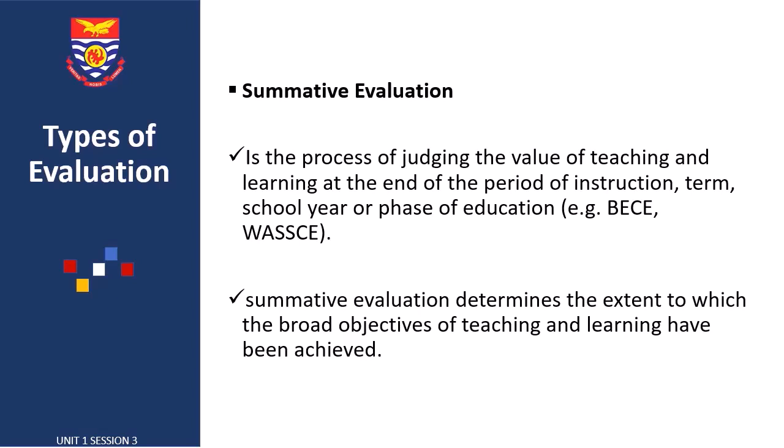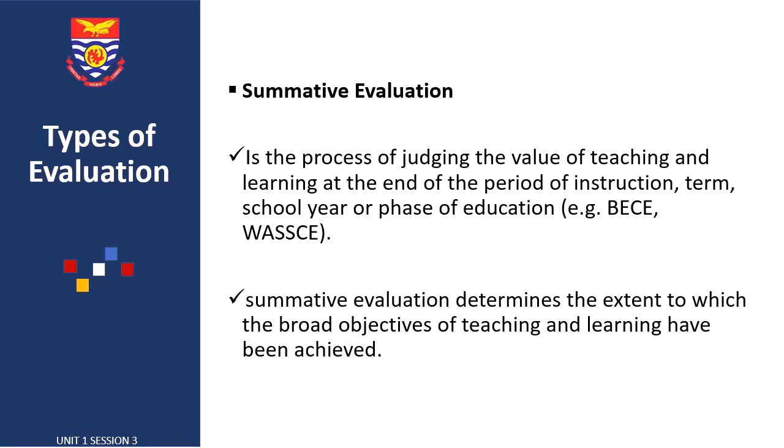This evaluation is very judgmental, because you get A, you performed very well, excellent; get D, you fail; or F, you fail. So this evaluation is very judgmental, and sometimes it has consequences for students. For instance, a student whose mathematics work is judged as D7 by WAEC on the core mathematics paper does not stand a chance of being admitted into any tertiary institution, of which UCC is one.